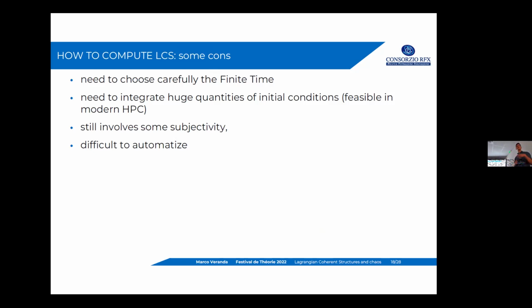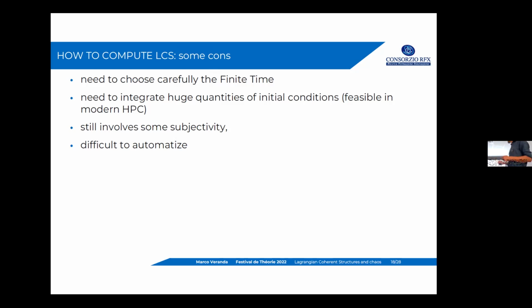The second is that you need to integrate quite a lot of initial conditions, and this is no longer a problem, I guess, because it is feasible on modern high-performance computers. Still, the results of the method involve some subjectivity on the side of the human being looking at the resulting Lagrangian coherent structures, in the sense that it seems to me that it is difficult to automatize. You really have to look case by case at the result that you get.